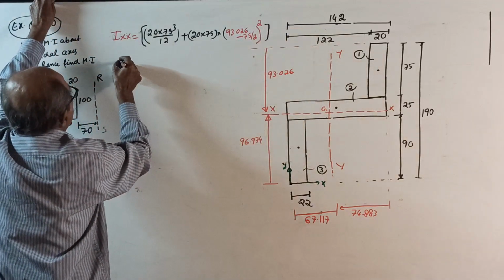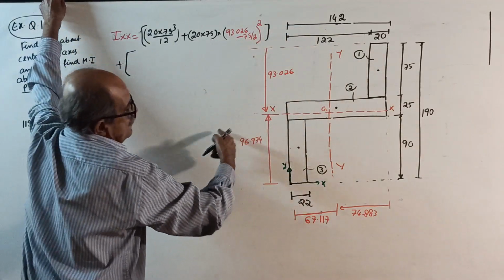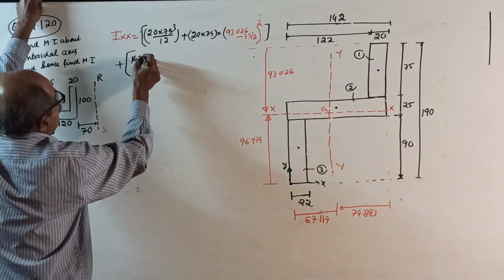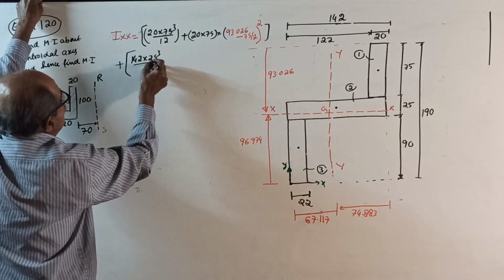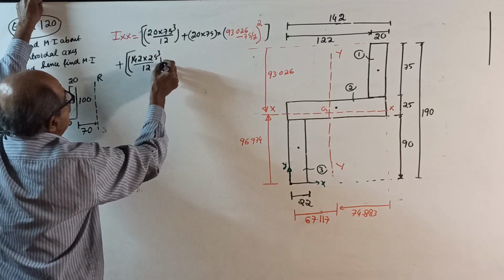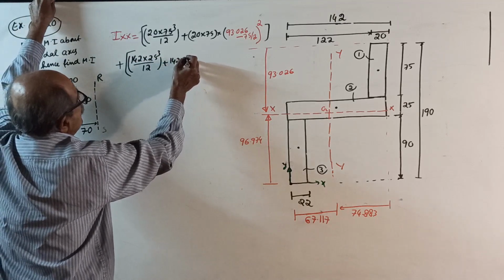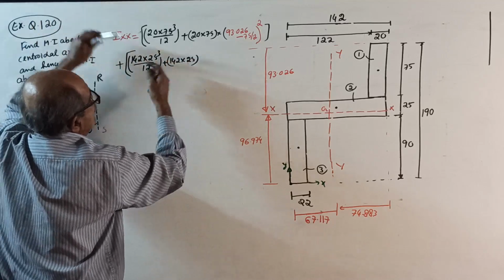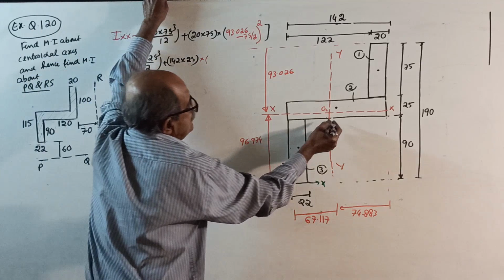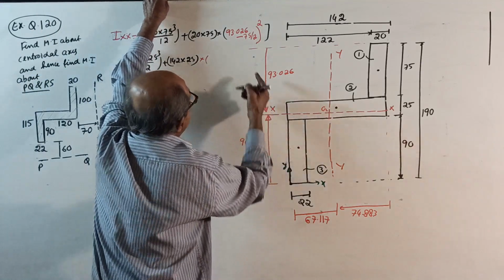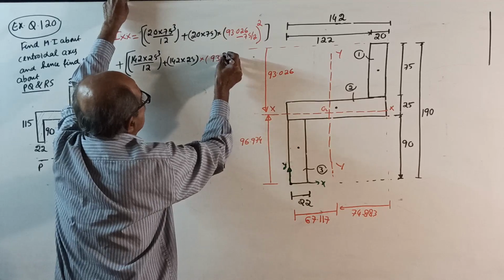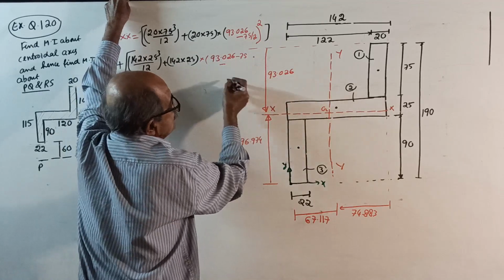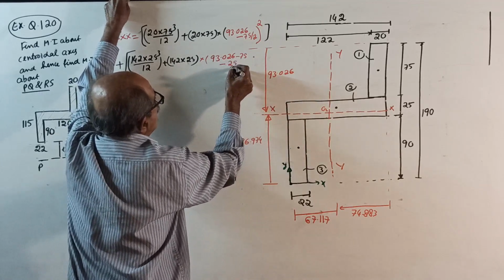Plus second one: 142 into 25 cube by 12, Ig, plus 142 into 25 is the area, into this distance squared, 93.026 minus 75 minus 25 by 2, whole square.